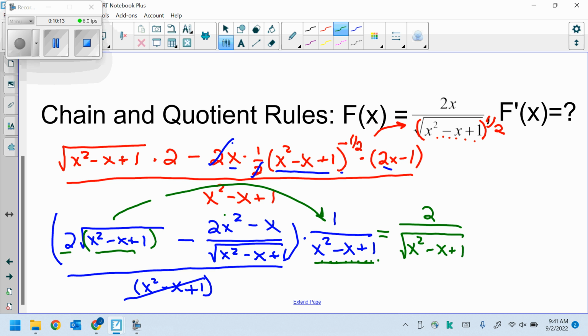When I take this times this, I've got a minus 2x squared minus x up on top. And I've got this thing to the half times the exact same thing to the first power. When I add the exponents, I get the 3/2 power.